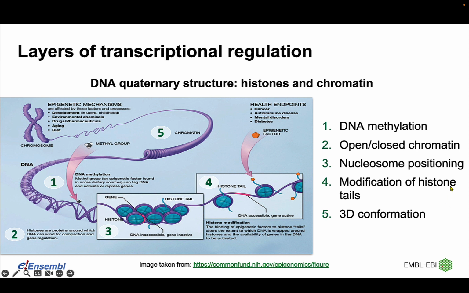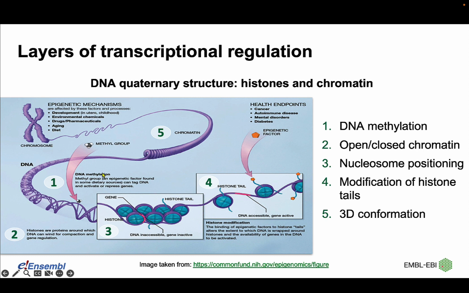So DNA methylation is just one layer of transcriptional regulation, but there are many other layers as well. For example, the conformation of the chromatin can direct the activation or deactivation of gene expression. In this diagram, you can see that the chromatin is bound in a uniform manner.